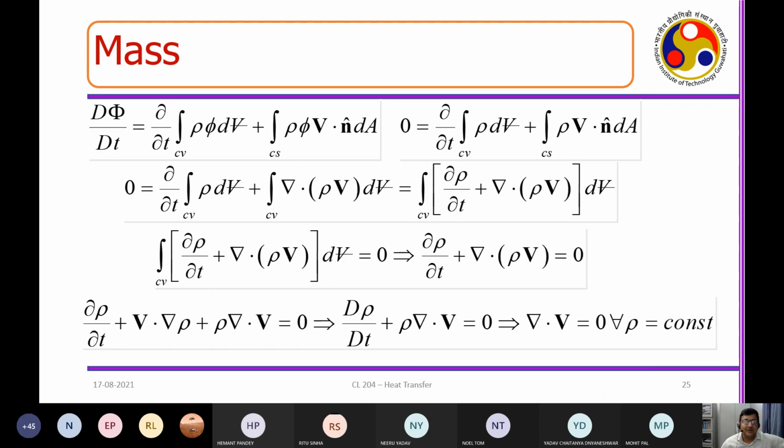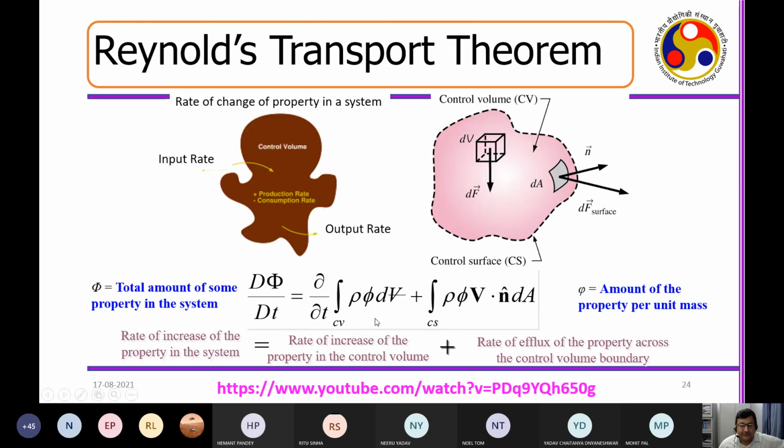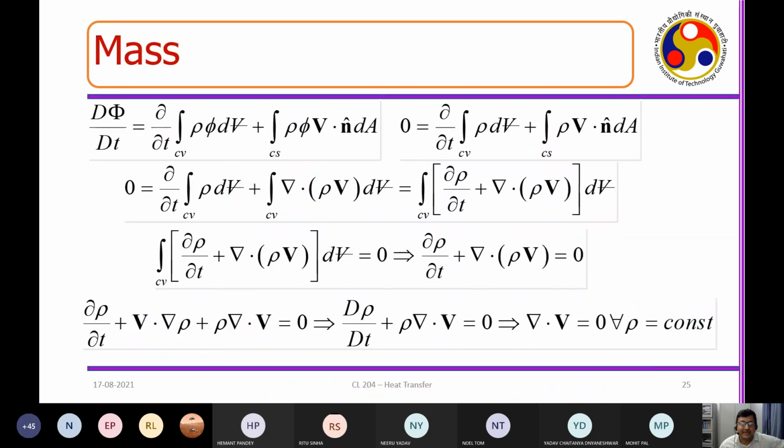Say suppose I'm looking for phi equal to mass, right? So what will be my capital phi for mass? It's m, right?